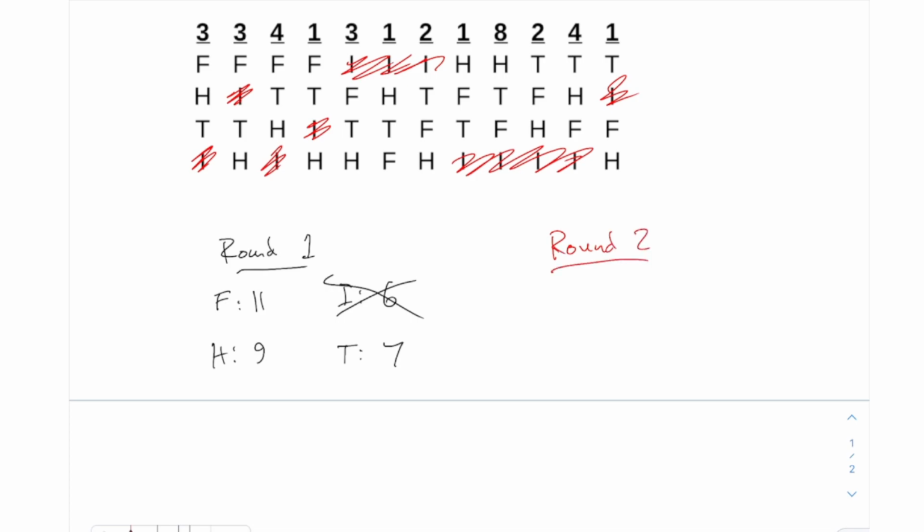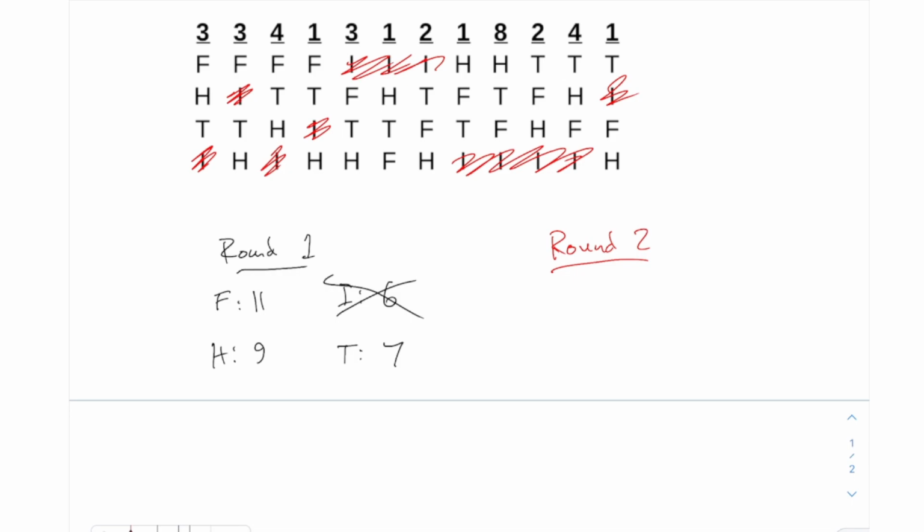I have a question. Am I just counting how many times F is above it, or am I counting just how many times it's on top? How many times on top? Although in the later rounds, like for instance, this F in round 2 will count as being on top because the I has been eliminated. Okay.